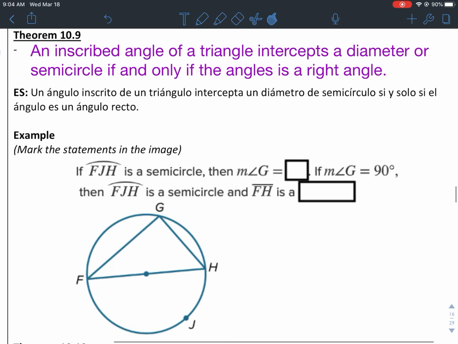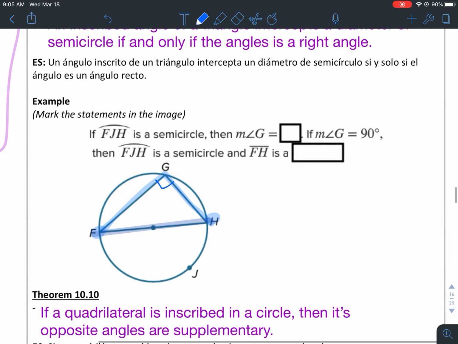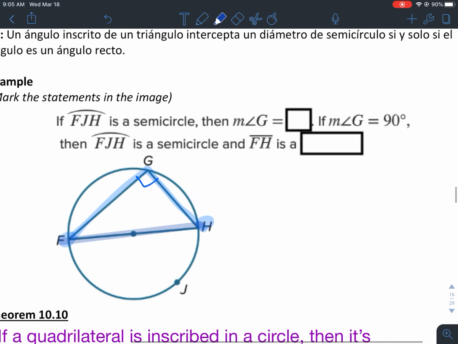So what this is saying is if you have an angle, in this case FGH, and the angle intercepts the diameter, which is FH, then you know that this angle is going to be 90 degrees. Angle G is going to be 90 degrees because the arc of a semicircle is 180. So we know that if the arc is 180, the inscribed angle is going to be 90.